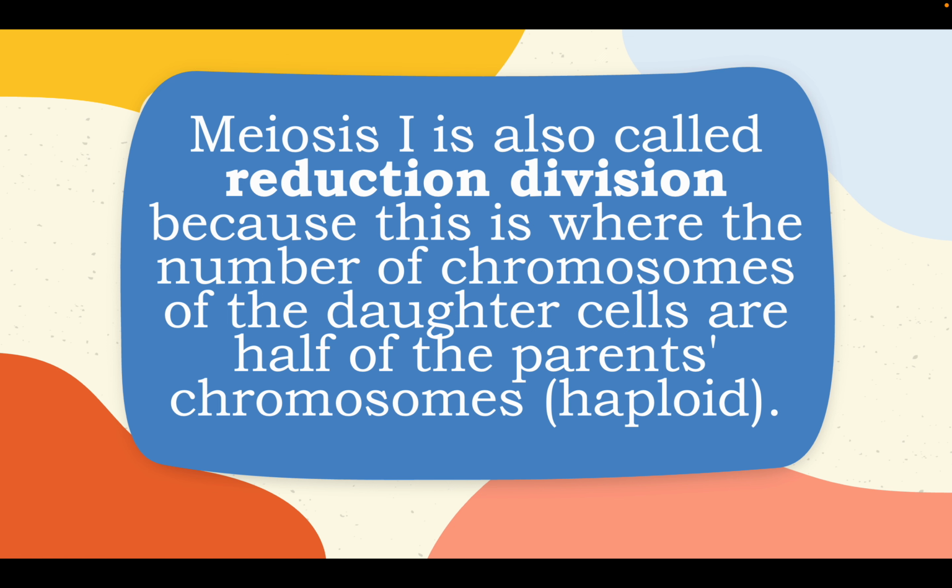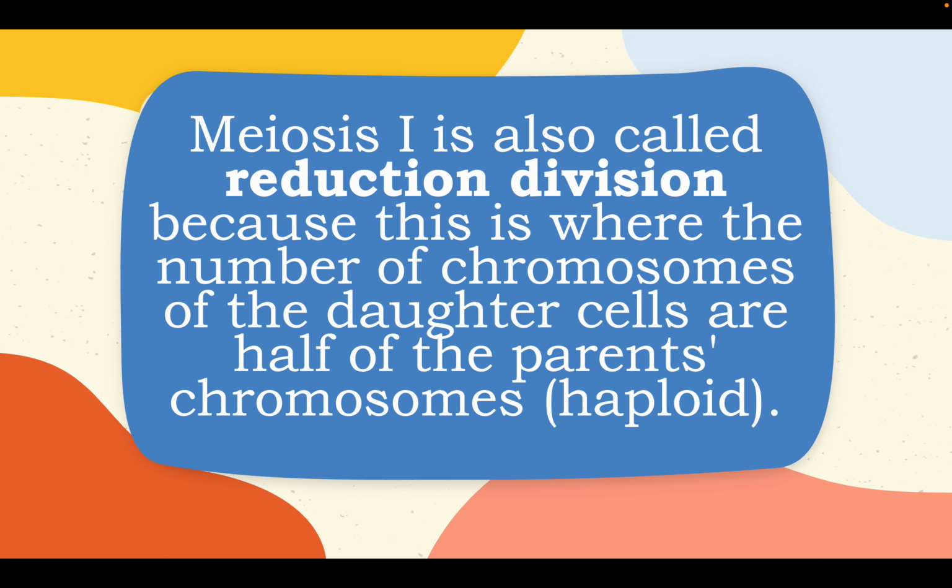During the process, the homologous pairs of chromosomes, one set from the mother and one from the father, are separated. As a result, two daughter cells are formed, each containing 23 chromosomes, or N, which is half of the parent cell's chromosome number.